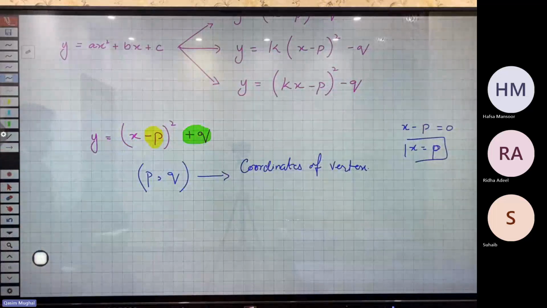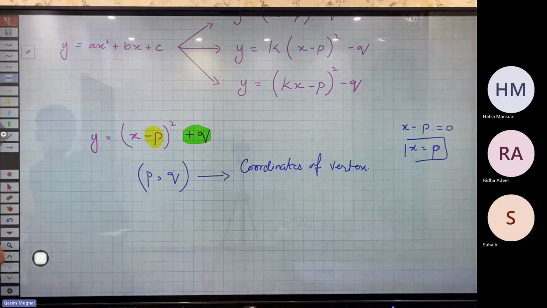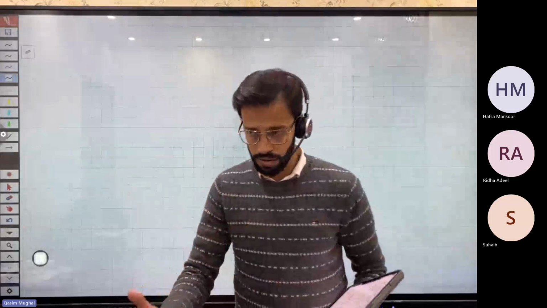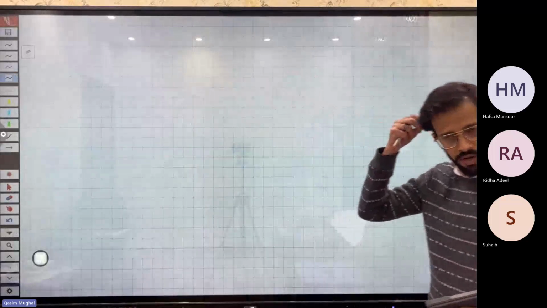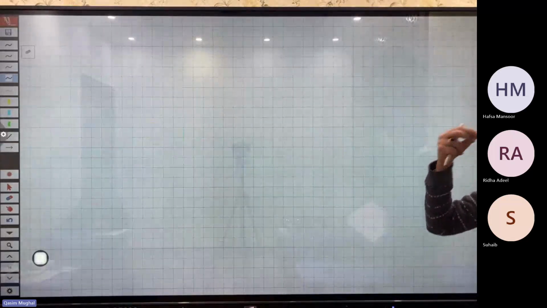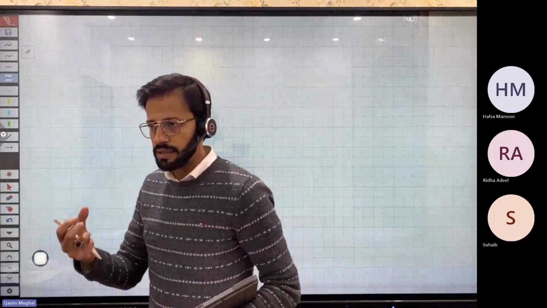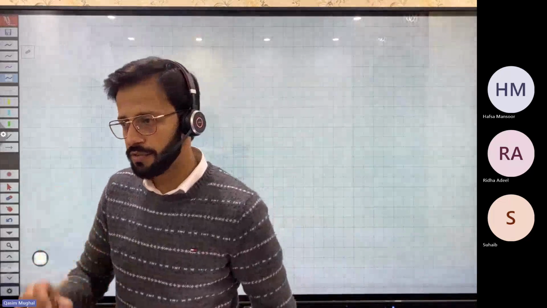Now let me give you a few questions here. I'm going to give you an equation, and I want you to write it down. It will be in a completed square format already, so you don't have to worry about it. All I want you to do is extract the coordinates of the vertex from that equation.